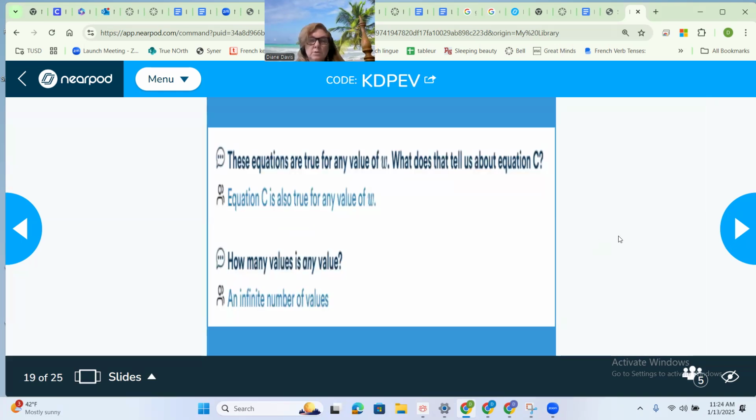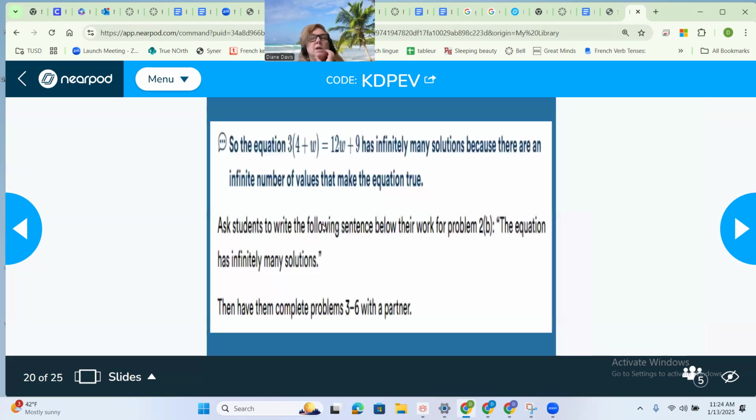These equations are true for any value of W. What does it tell us about equation C? That equation C is also true for any value of W. Like I said, no matter what W is here, the equation has infinite solutions because there are an infinite number of values that make the equation true.